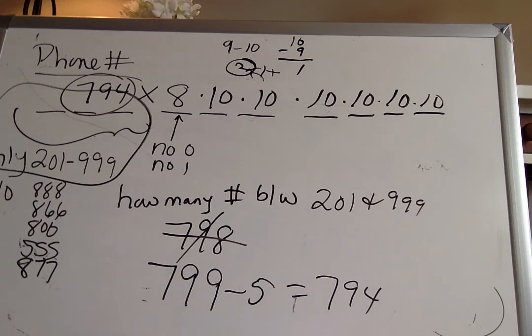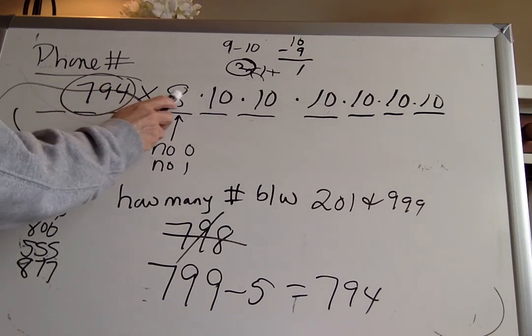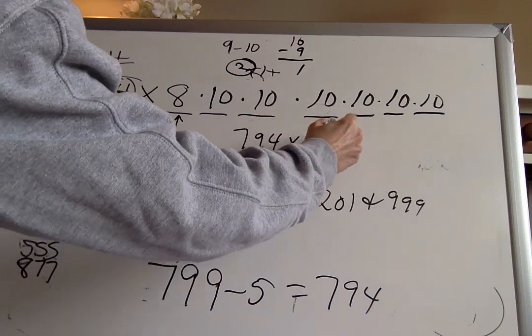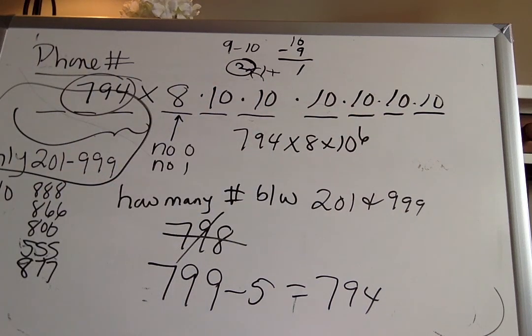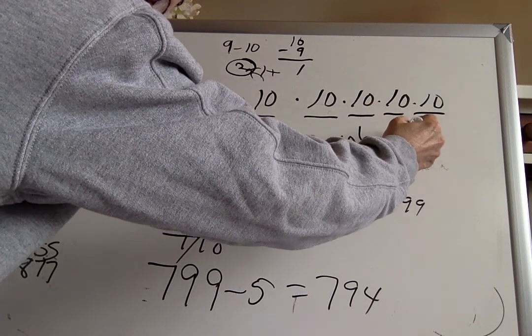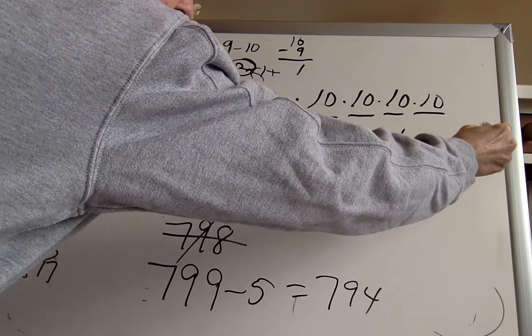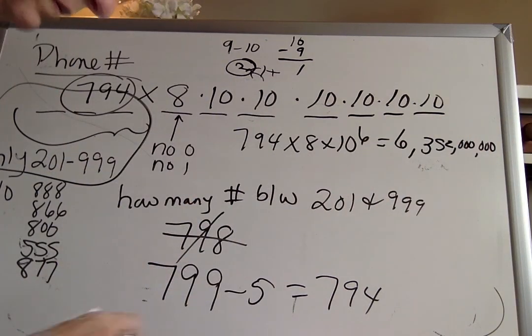That's a nice little trick here. So we got 794 times 8 times 10 to the 6th, which is over 6 billion.